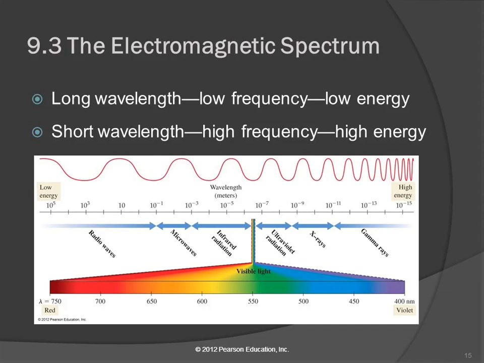Dyes, which are used in food coloring and also in clothing, are molecules that interact with light. They will absorb particular frequencies of light. The frequencies that they don't absorb, they reflect, and that's the color we see. Most dyes are rather large organic molecules that absorb light.